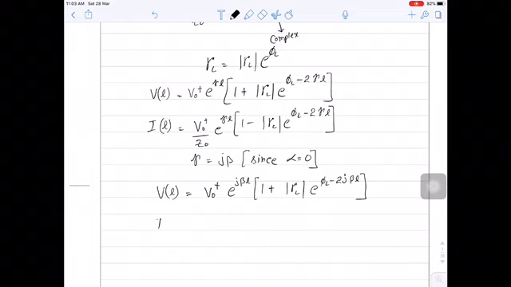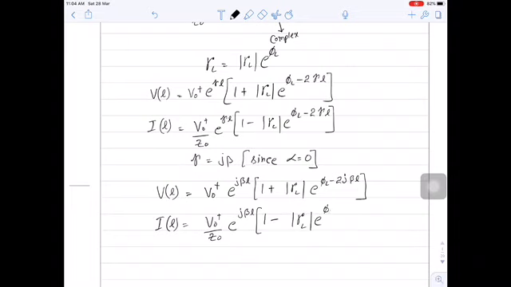Similarly, the current at a distance of L from the load equals V0+ by Z0, e^(jβL) (1 - |Γ_L| e^(jφ_L) e^(-2jβL)). We already defined βL as the electrical length.